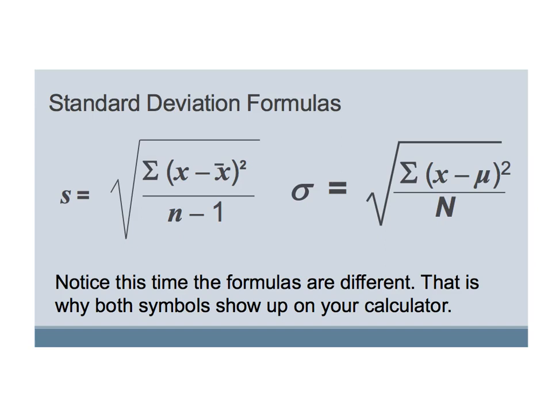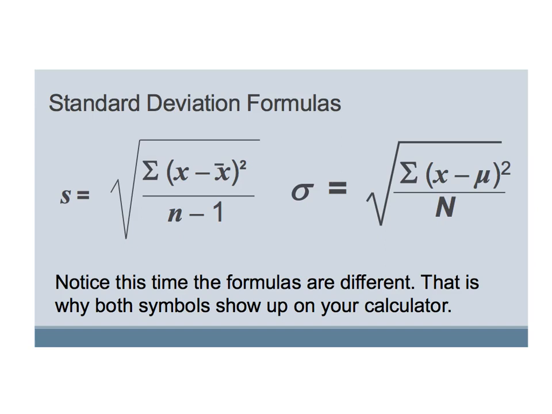Did you find it? Besides the fact that the symbols are different, because S equals is the sample one, so of course it has x bar and a small n, and sigma is the population one, so it has mu and capital N. S, the sample standard deviation, on the bottom says n minus 1. So there's a little bit of an adjustment to that one because it's a sample.